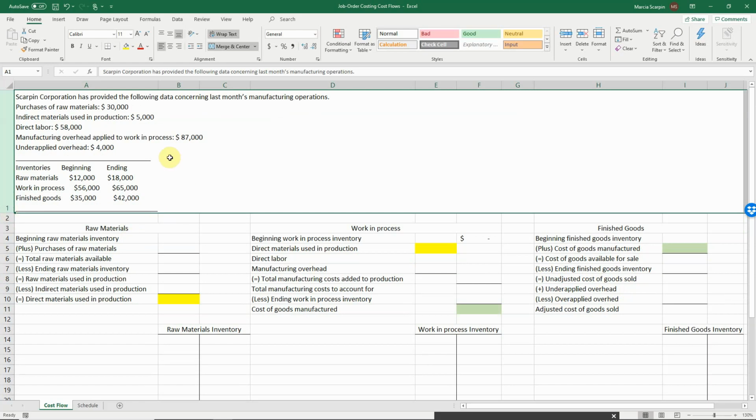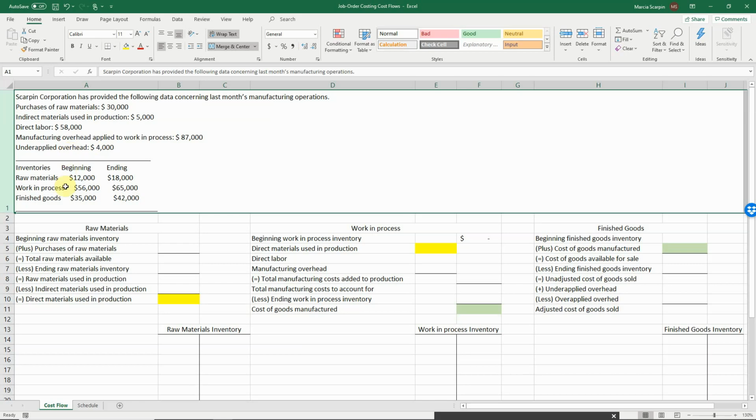Purchase of raw materials, indirect materials used in production, direct labor, manufacturing overhead, underapplied overhead. Wow, when we compare it with our actual costs, we figure out that our estimated numbers were underapplied. So how do we start it?